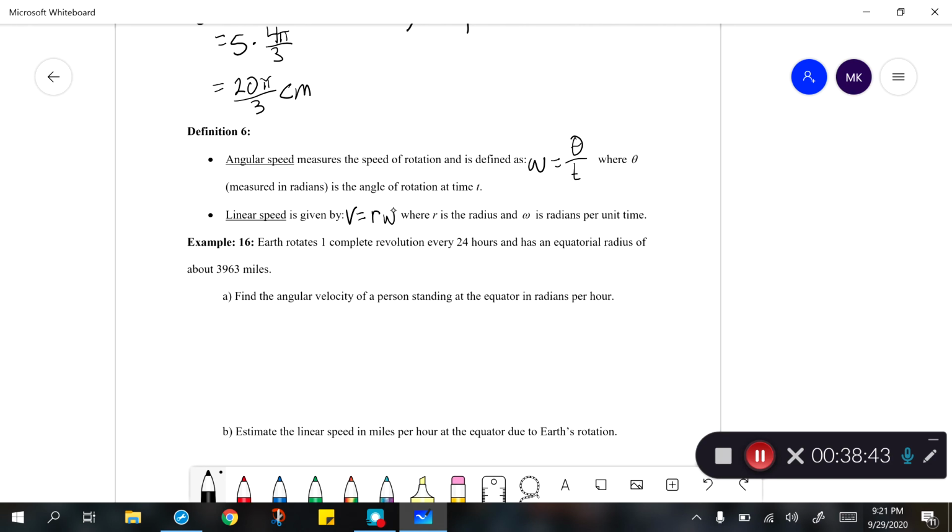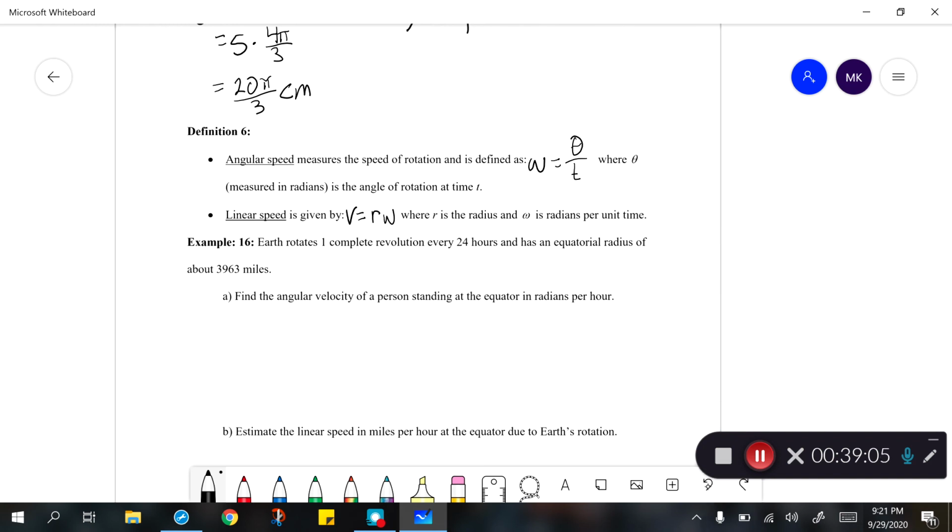What we're doing here is measuring the linear speed of an object on a rotating thing, such as, in example 16, the Earth. If we have an object rotating in space, what's its linear speed? It's that straight shoot-off speed.